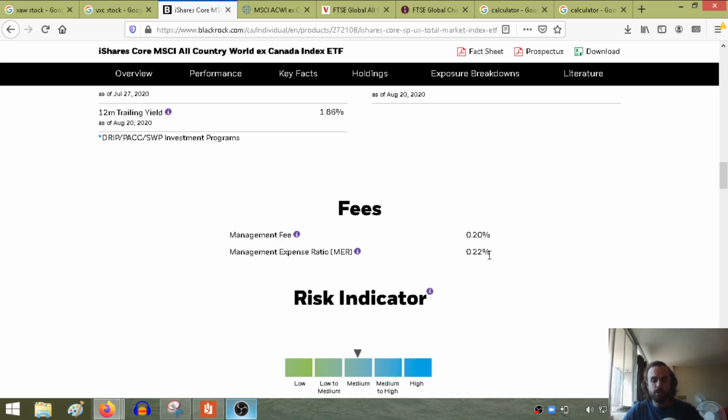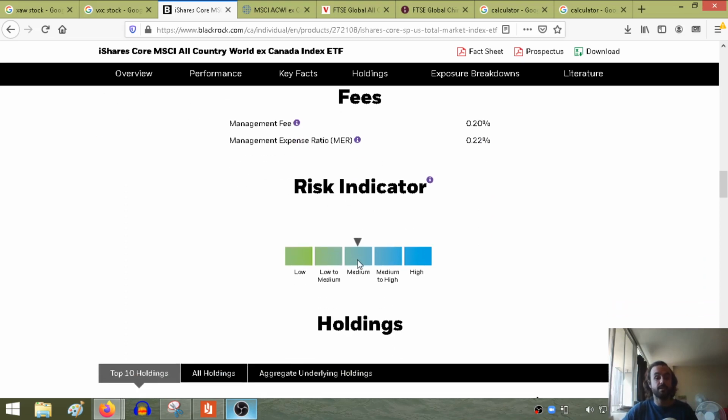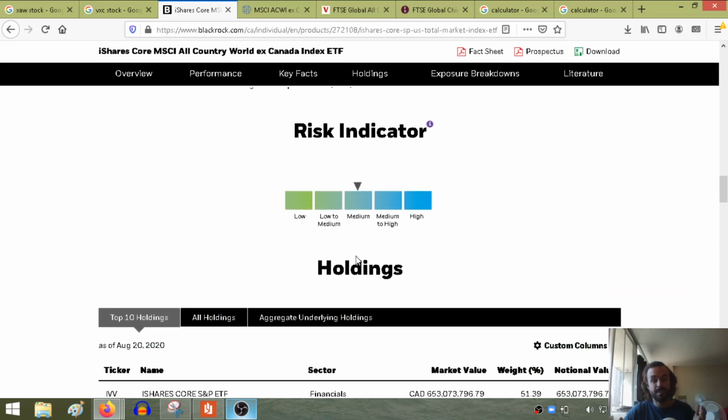So 0.22% is a little bit higher than what you see with a lot of S&P 500 index ETFs, but again, that's just because the S&P is the most general. It's the easiest to track, so they can charge the least amount. Obviously, because you're getting exposure into many different markets, this one's going to cost you a little bit more at 0.22%. The risk indicator says that this ETF is a medium, so not that risky, but of course you do want to at least know what you're investing in.